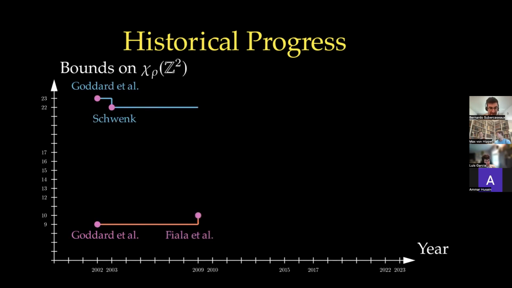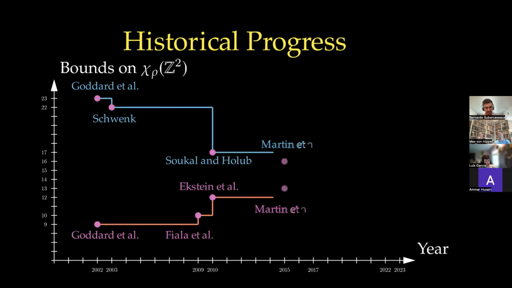Then a slight improvement on the lower bound to 10. And then 2010, I guess, was a wonderful year for packing colorings because that's a big improvement on both sides. So now the answer is between 12 and 17. And then Martin and their group moved it to 13 and 16, then 13 and 15.